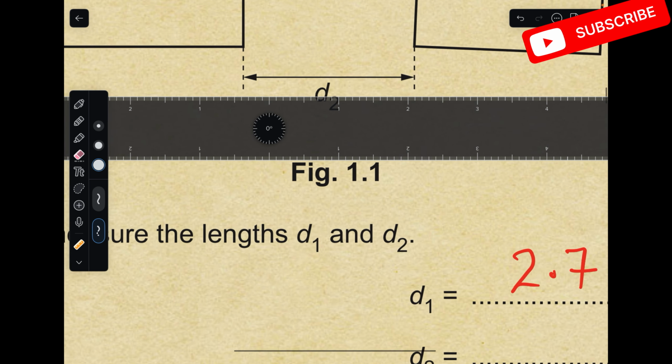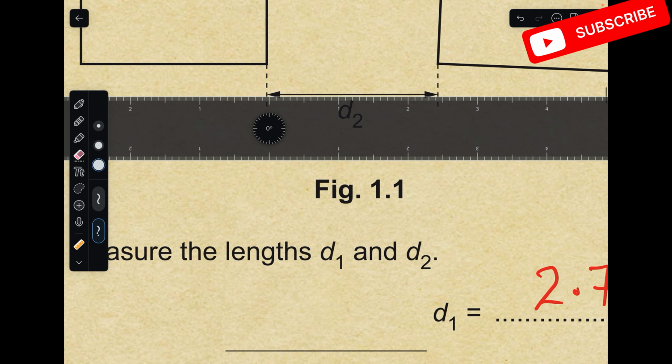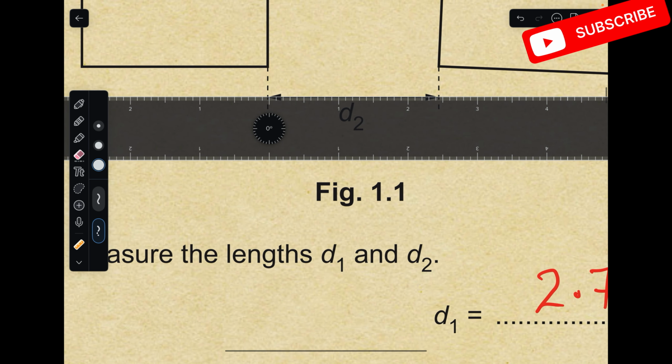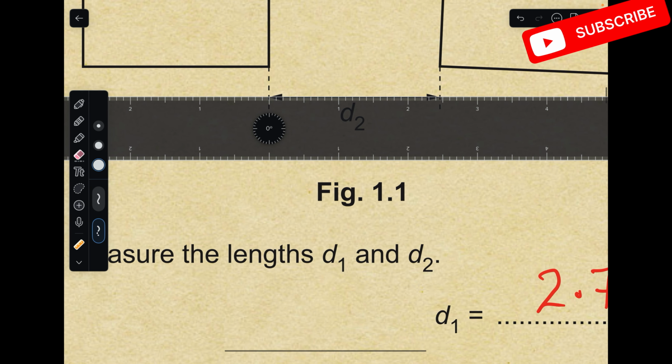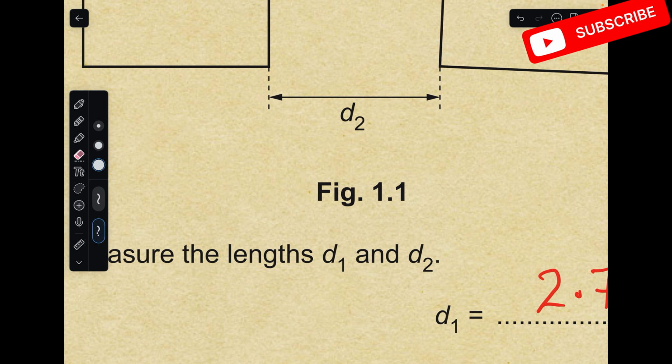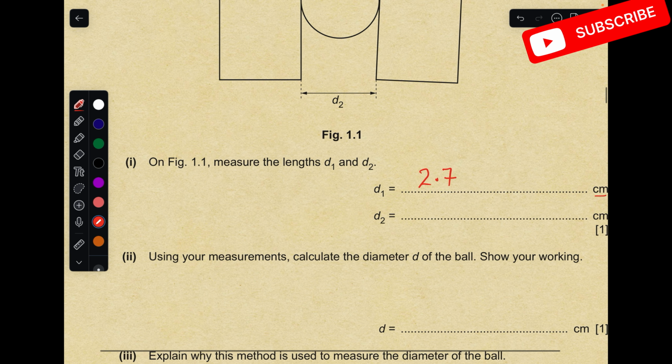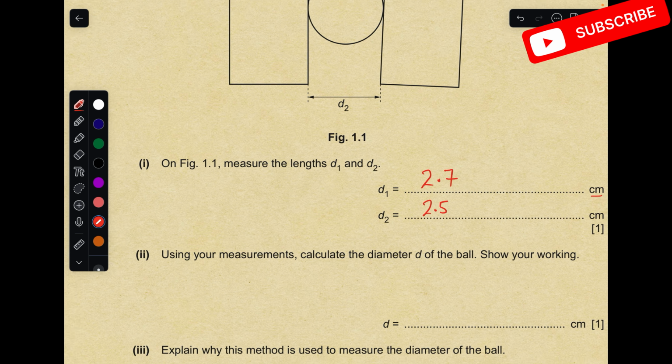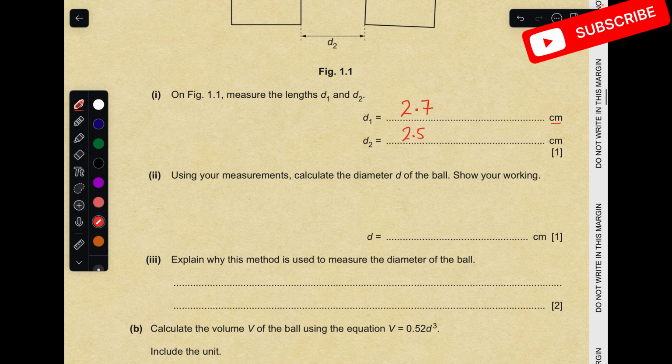It's 2.4, but it's near 2.5, more close to 2.5. So let's take it as 2.5. Using your measurements, calculate the diameter d of the ball.